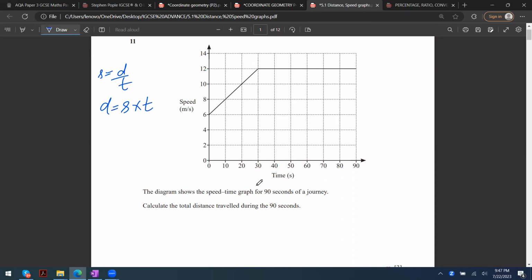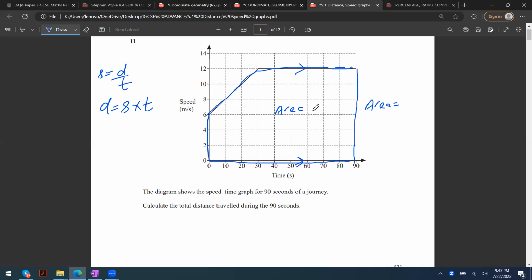If you find the area of this shape, what is this shape? This is a parallelogram, right? Two sides are parallel.